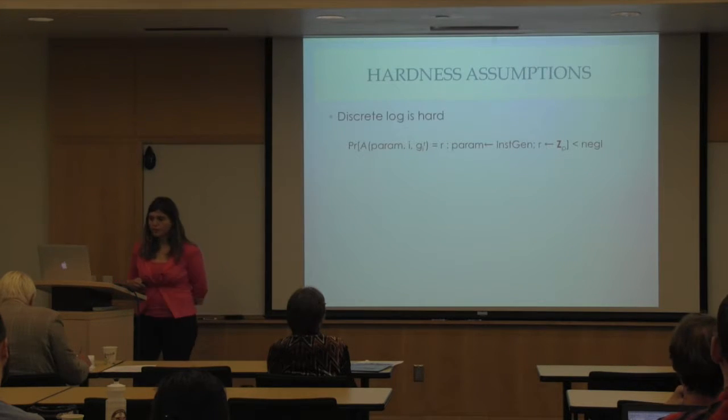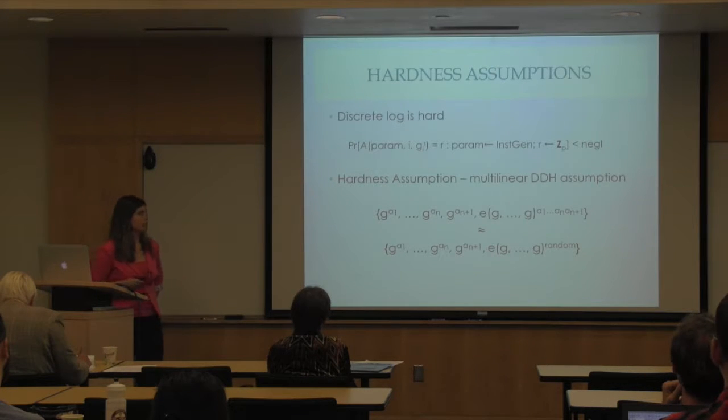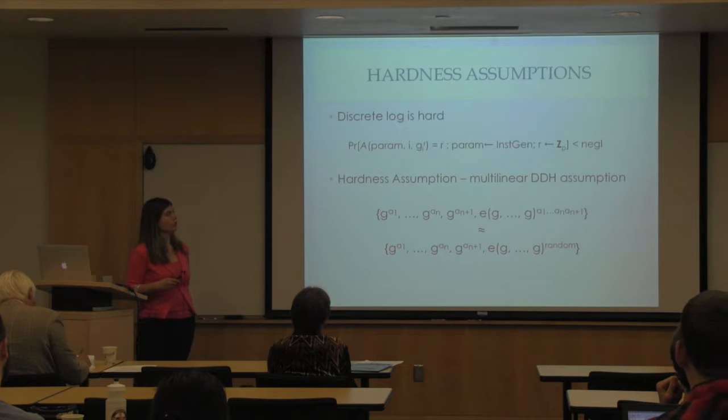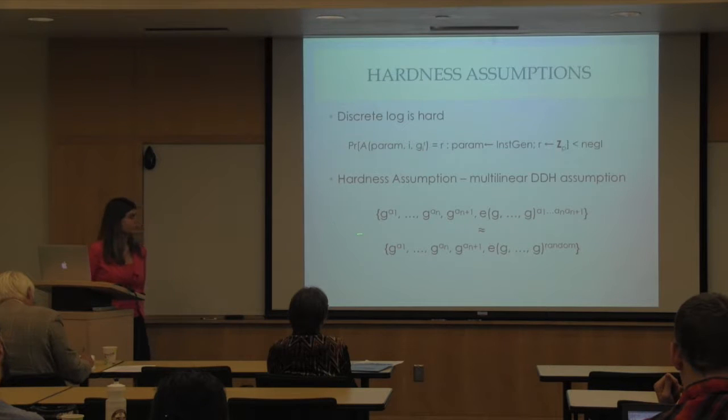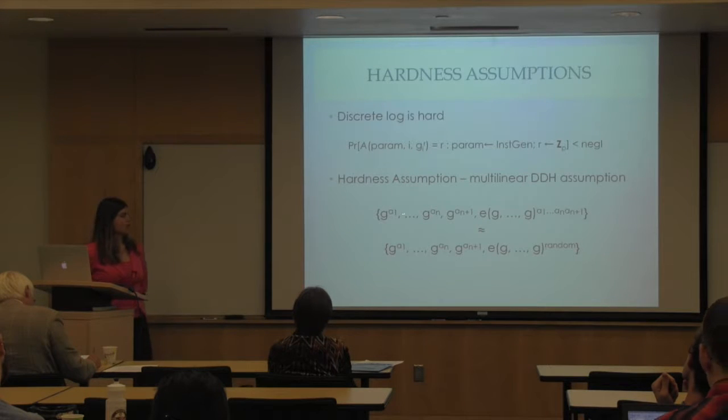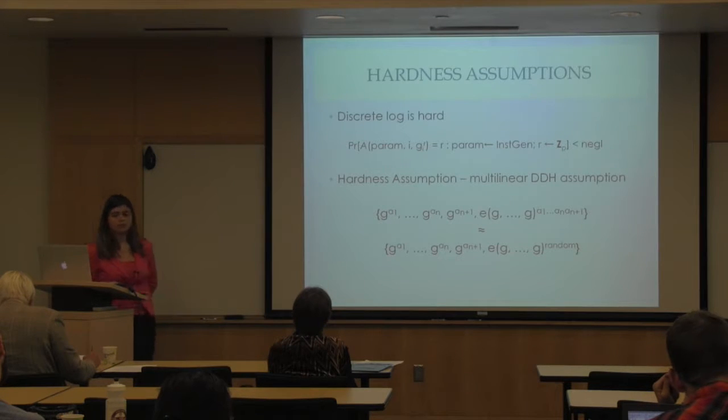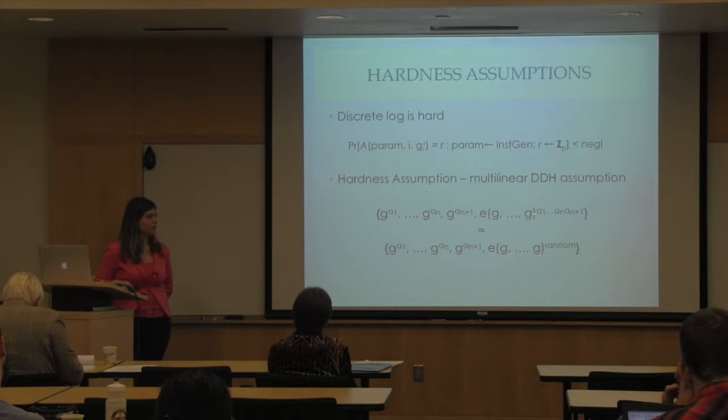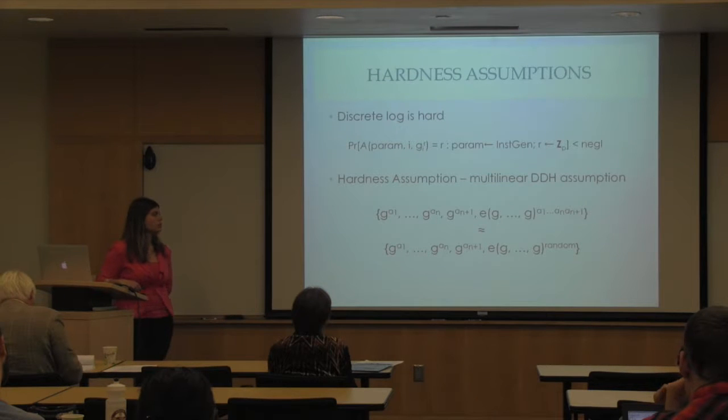And for most cryptographic assumptions, actually we want another assumption, and this one, if you have a multilinear map and you're given n plus 1 encodings, together with an encoding in the target group that has as its component the product of all of the elements, it is indistinguishable from random.